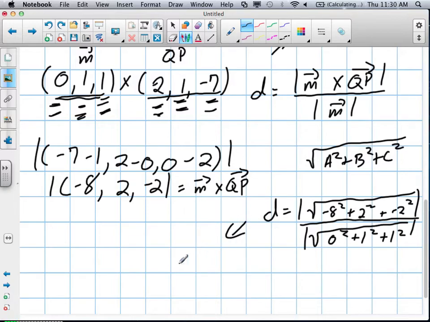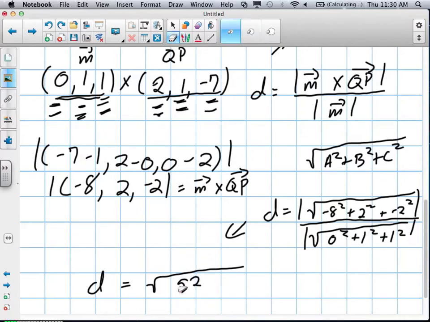So let's bring this to the forefront now. D is equal to the square root of 64 plus 4 plus 4, which is 72, divided by 0 squared, 0, 1 plus 1 is 2, so root 2.